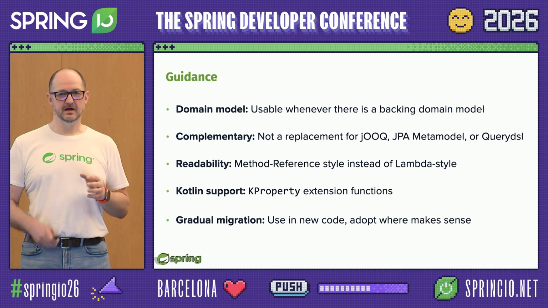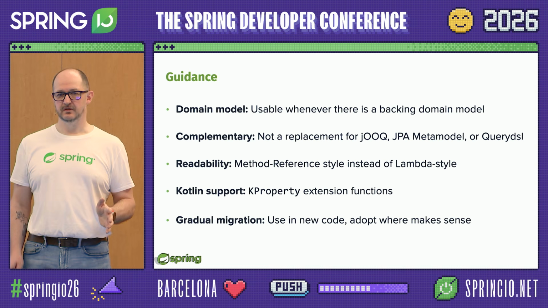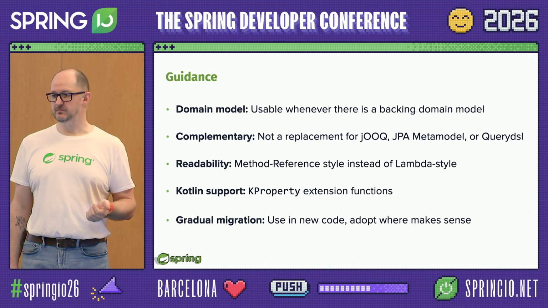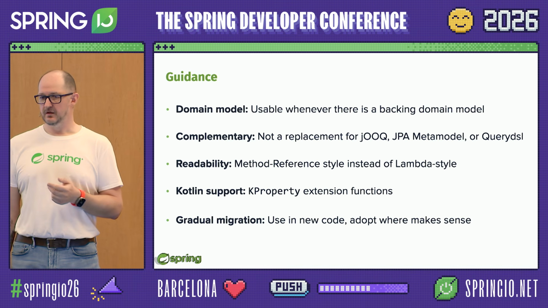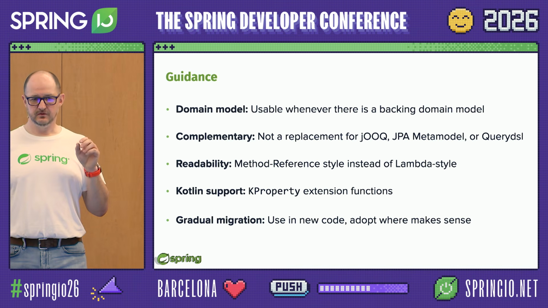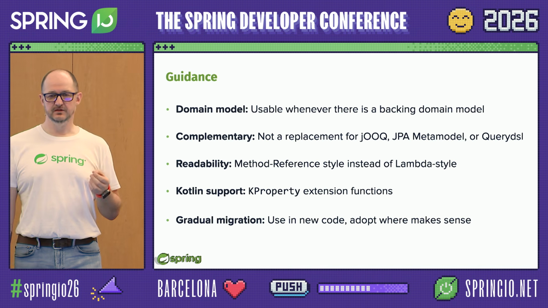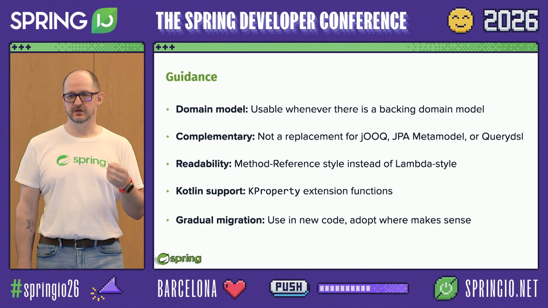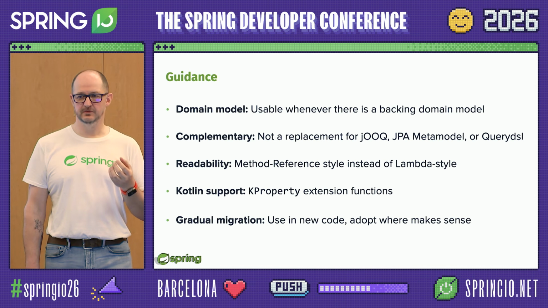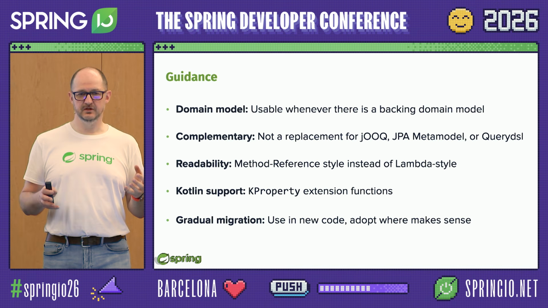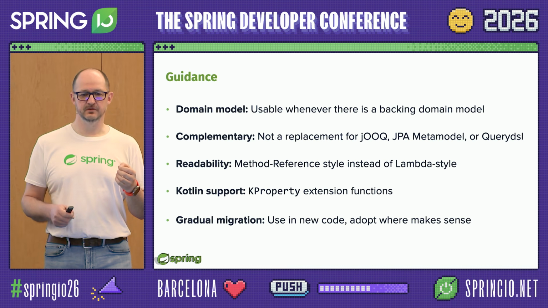Type property paths are by no means a replacement for jOOQ, Querydsl, or a JPA metamodel. It's quite the contrary. All of these, jOOQ, Querydsl, and the metamodel and the criteria API themselves, are utilities to build queries, to express predicates, to adopt the native functionality of the underlying data store.